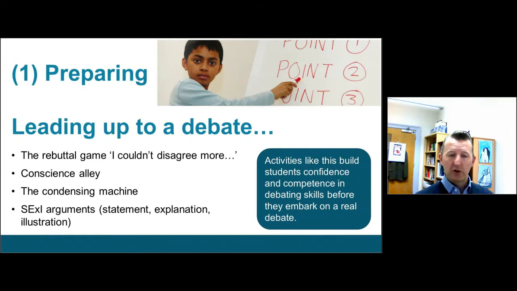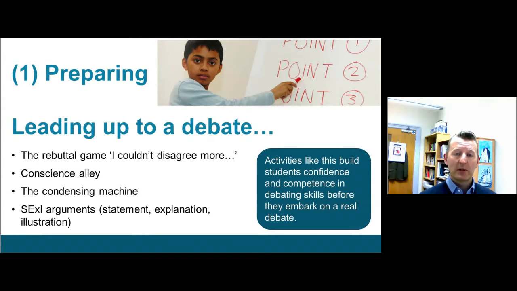You put children in small groups, you give them very simple phrases like the sky is blue, and then they have to quickly say, I couldn't disagree more because, and give a not ridiculous, but maybe not wholly convincing, but speedy response. So if someone says, the sky is blue, you could say, I couldn't disagree more, on stormy days it's grey. Or first thing in the morning, it's often orange. So you have to find a way to think on your feet.